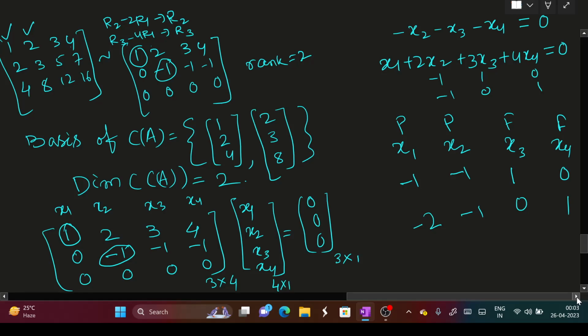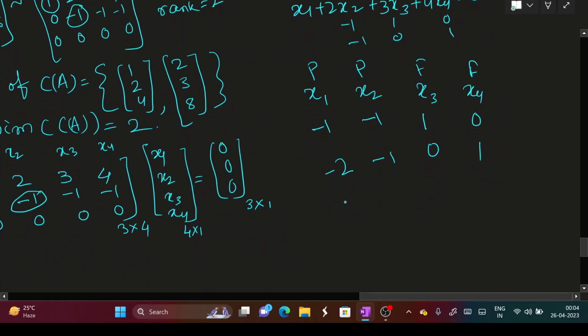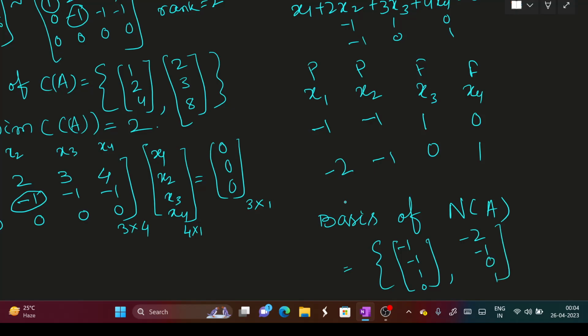So I got my basis for the null space. Basis of N of A is equal to, in curly brackets, (minus 1, minus 1, 1, 0) comma (minus 2, minus 1, 0, 1).